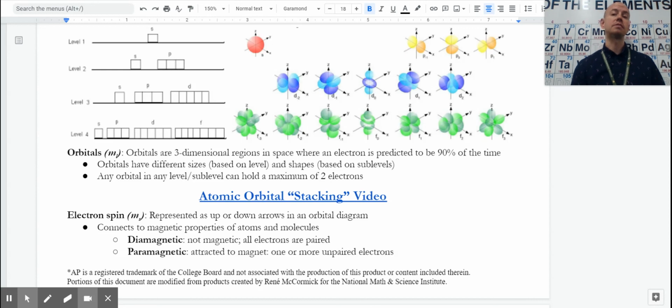Paramagnetic things are things that are possible to be magnetized. They are attracted to a magnet. Some of them can even be permanent magnets. Iron, there's ferromagnetism beyond this, but that's where you have some unpaired electrons. The more unpaired electrons you have within your levels, but more importantly, your sublevels and your orbitals, the more magnetized it can become, or the more likely it's going to stay permanently magnetic.